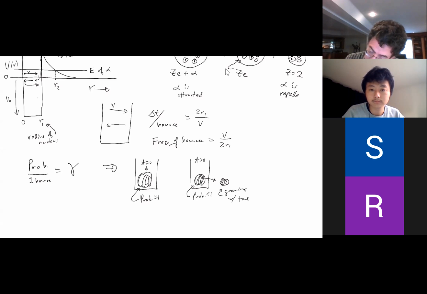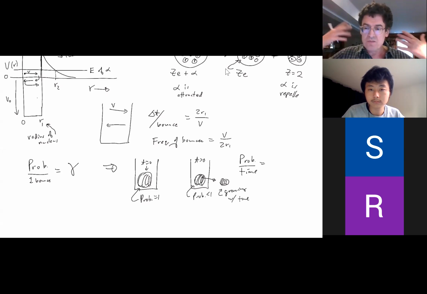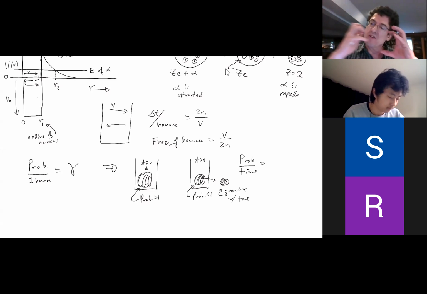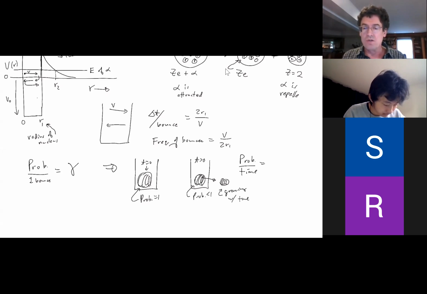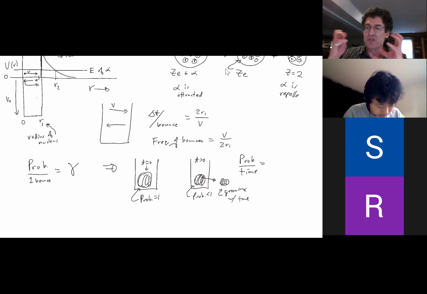I'm using this probability language like we used for time-dependent perturbation theory. So we have this probability leaving the nucleus. And if the probability per bounce is gamma, that's the probability to escape.